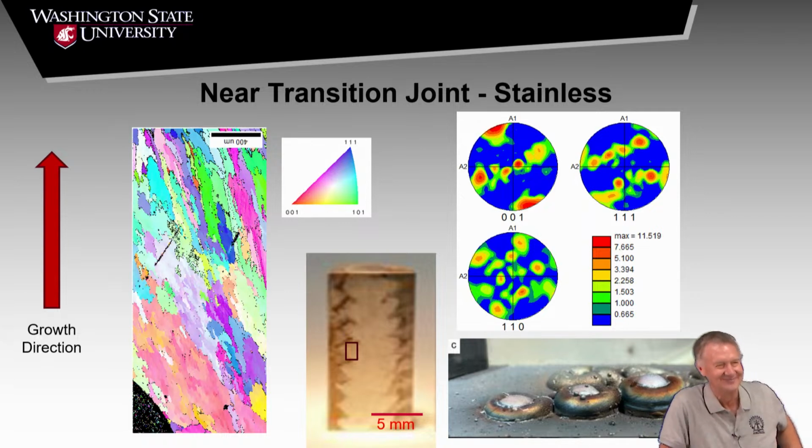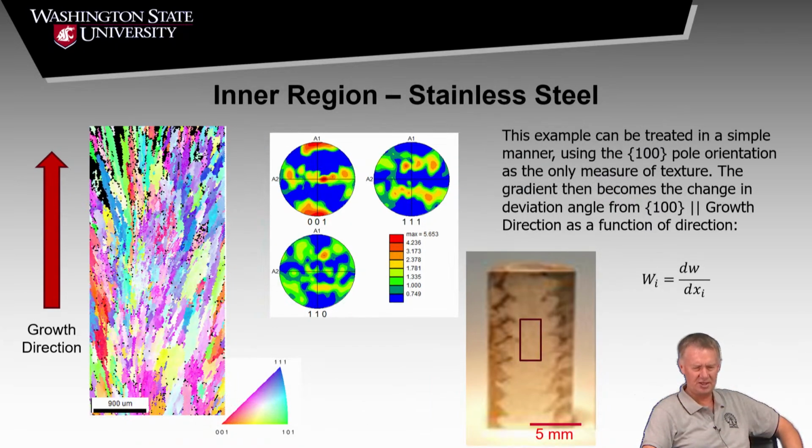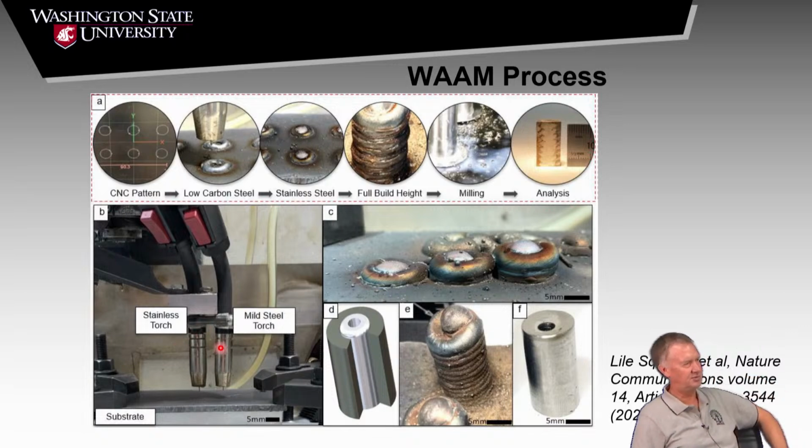Go ahead. The heat will be extracted mostly in the radial direction, for the solidification that takes place in the powder. So the weld head, I think I showed the weld head here. Here's the tandem weld head. You have the stainless wire and the mild steel wire, and it's a TIG welding type of arrangement.